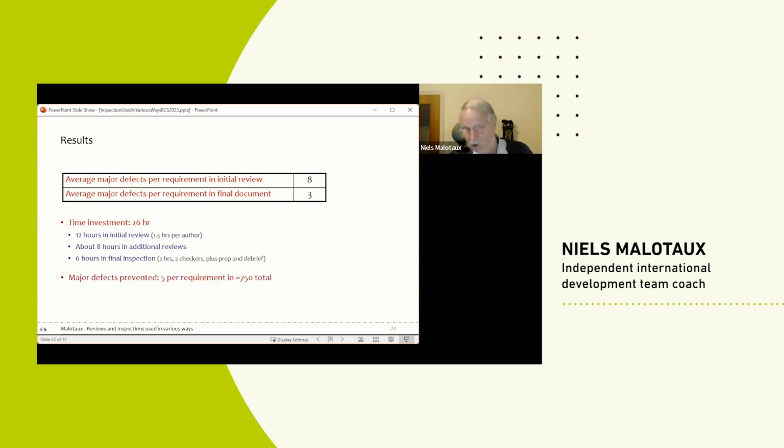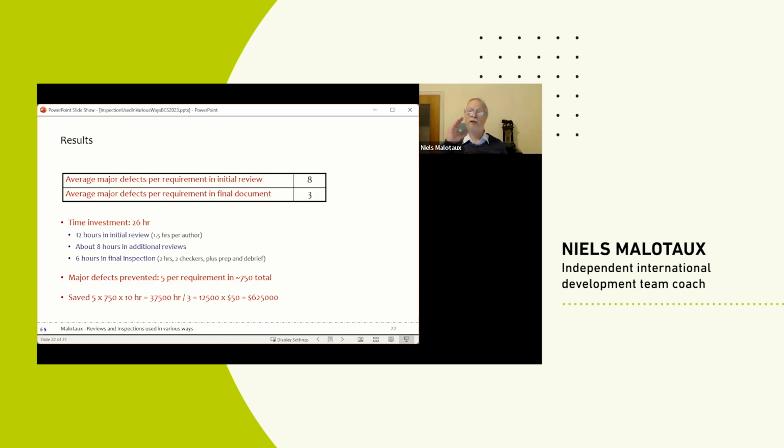Major defects prevented from 8 to 3, so 5 prevented in the whole process, which means about 750 requirements and 5 major defects prevented per requirement.